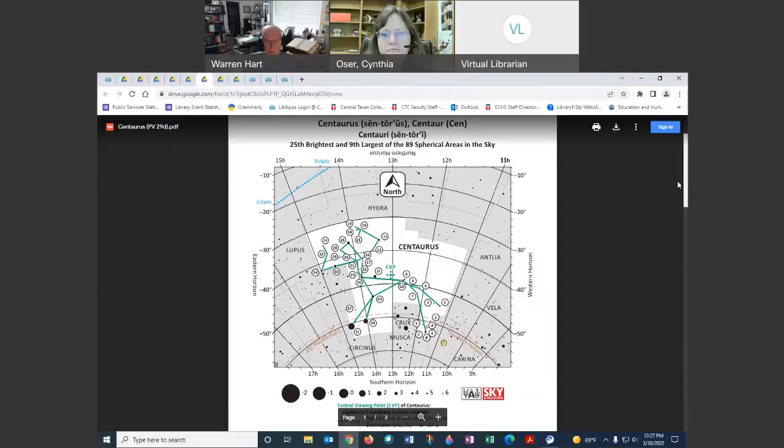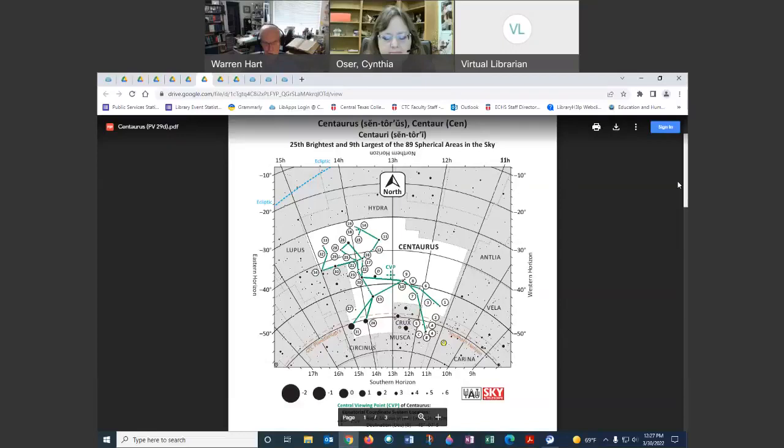And you notice up in the top, there's the ecliptic. And if you look down at the feet, if you want to call them that, of the centaur of Centaurus, notice we can see most of it. We just can't see the hoofs of the 2 feet or the 4 feet there.